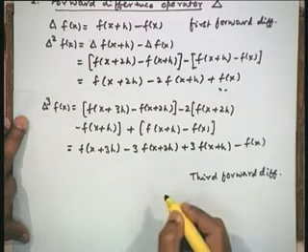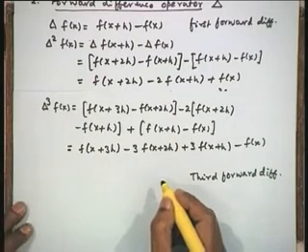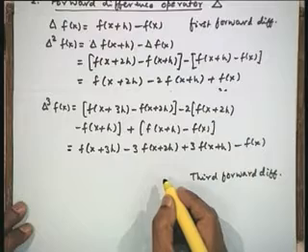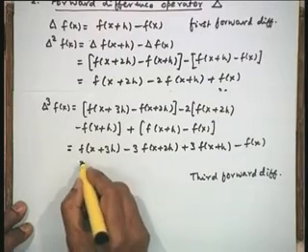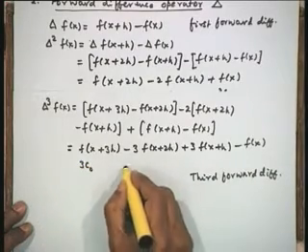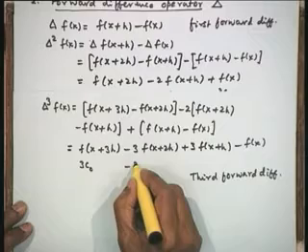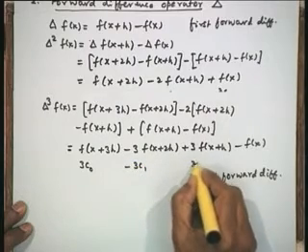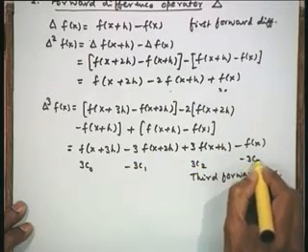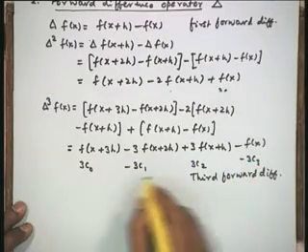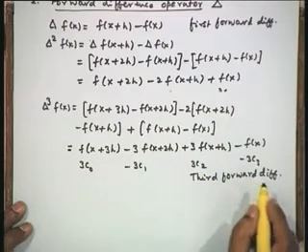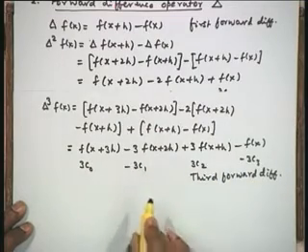This is our third forward difference. Now, you can see the coefficients: 3 c 0, then with a change in sign, 3 c 1, 3 c 2, minus 3 c 3. Therefore, these are all binomial coefficients that come as the coefficients here.